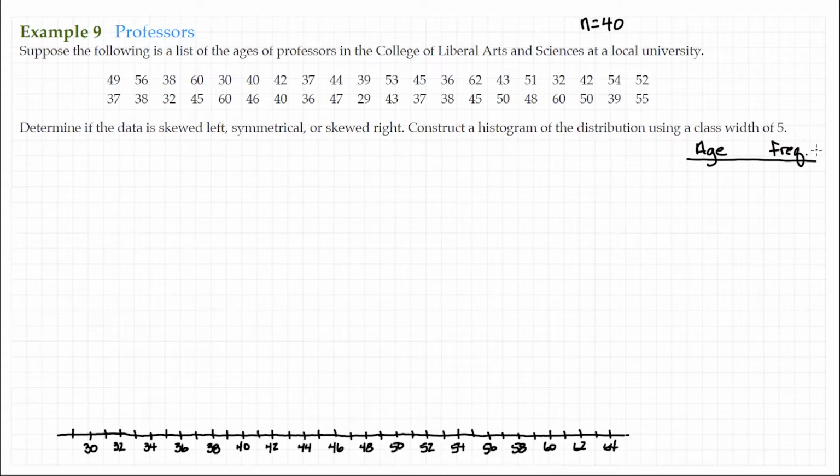Now the smallest age, or the lowest age I should say, the youngest age, is 29. That's our smallest data value. So I'm just going to start with 29. Now this is our lower class limit. So then the next lower class limit, you just add 5. So this is going to be 34. Then you add 5, 39.